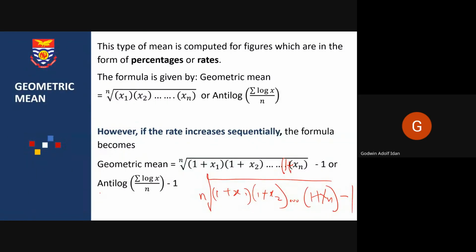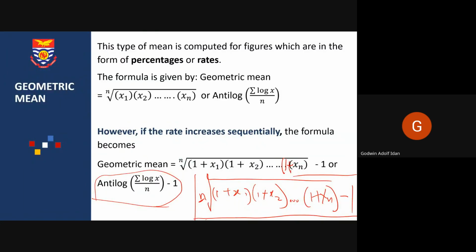Or when you want to use the anti-log approach, you can use that, but I'll prefer that you stick to this particular formula. So we have the nth root of the product when we add 1 to the respective rates. Now, the n there is talking about the number of observations.